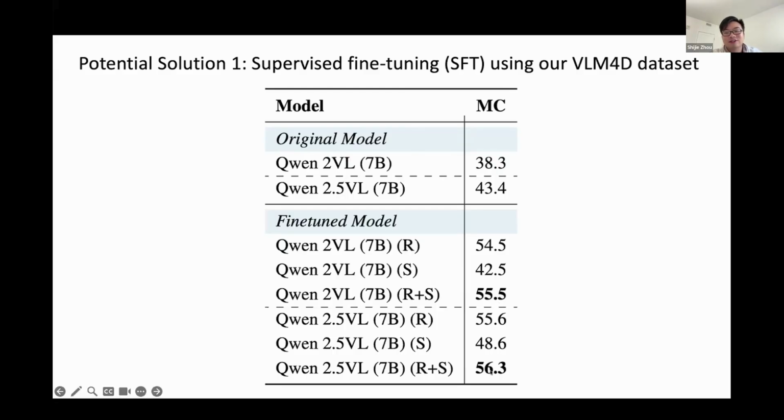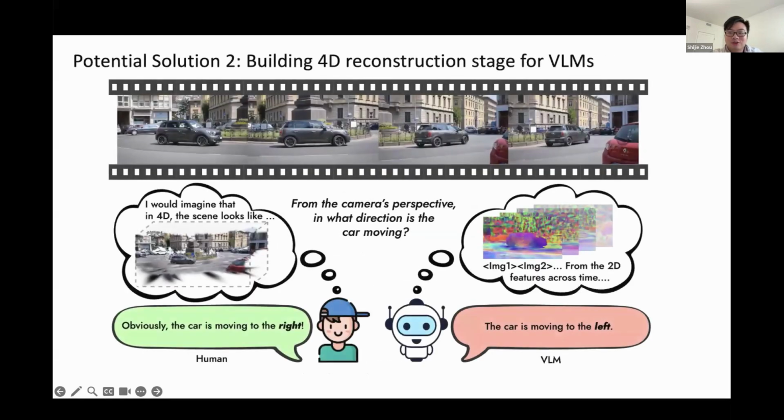However, it can only achieve around 55% accuracy on this benchmark. So we still realize there's a far way to go using just this data-driven solution.